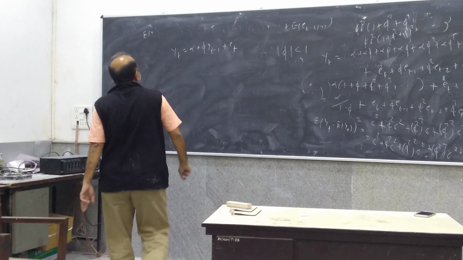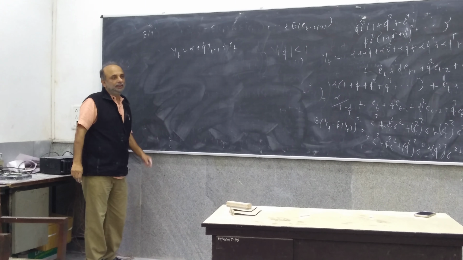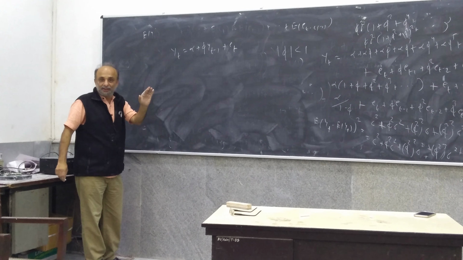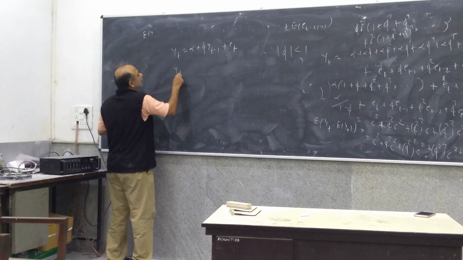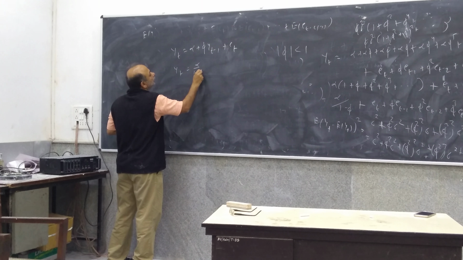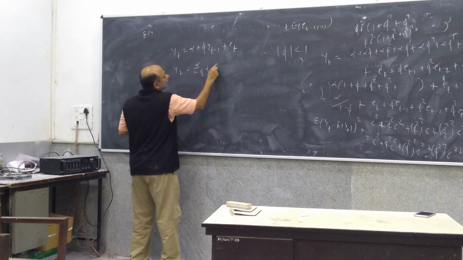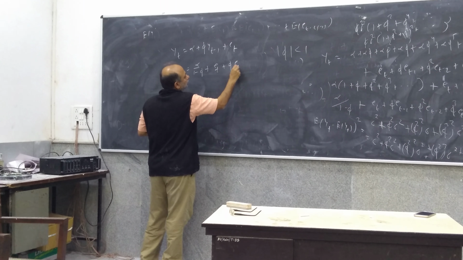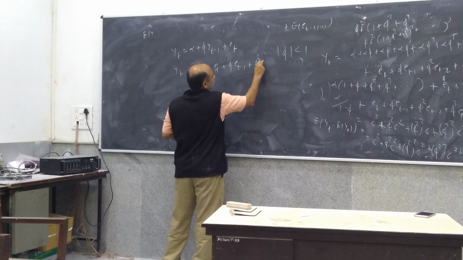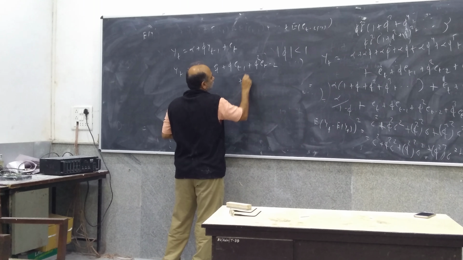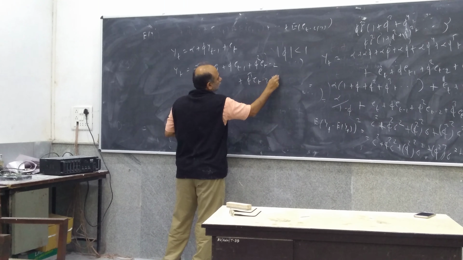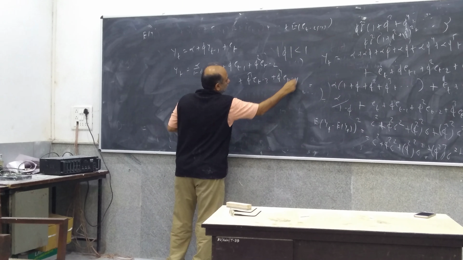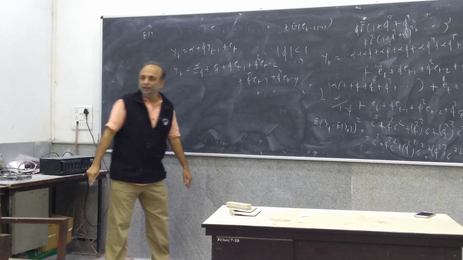Then you can write this process, assuming that phi is less than 1, as yt is equal to plus, like that I can go on, right?